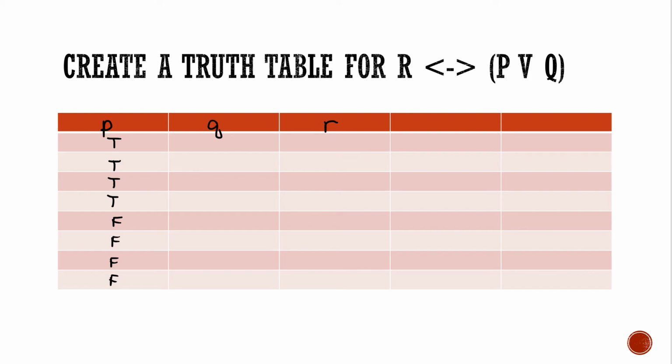From there, we're going to kind of cut things in half. So instead of doing 4 and 4, when we move to the Q, we're going to do 2 and 2. So I'm going to do 2 trues and then 2 Fs, 2 Ts, and 2 Fs.